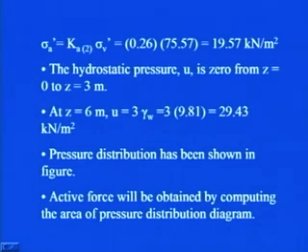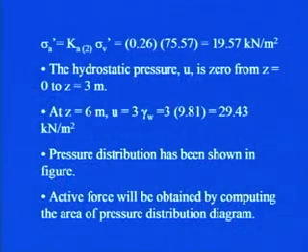Now since there is a water table present at a depth of 3 meter below the existing ground level, from z is equal to 3 meter to z is equal to 6 meter, there will be the presence of pore water pressure. That is, as I explained earlier, the water exerts hydrostatic pressure.